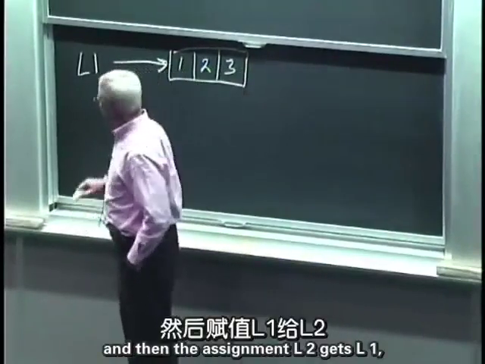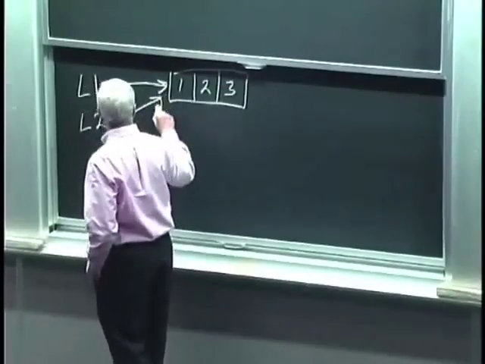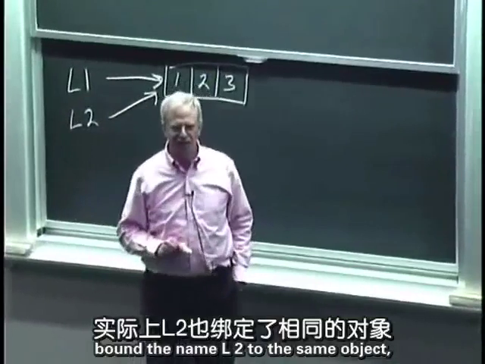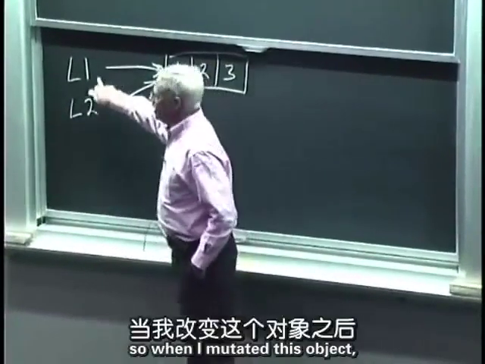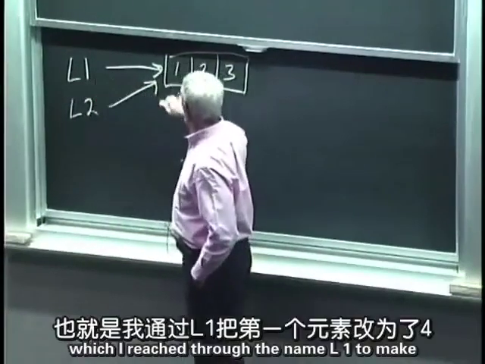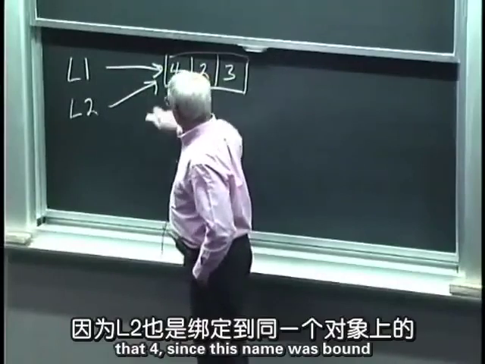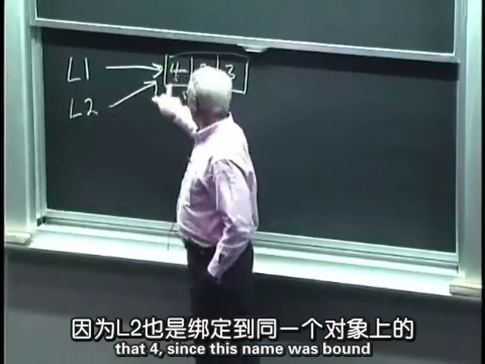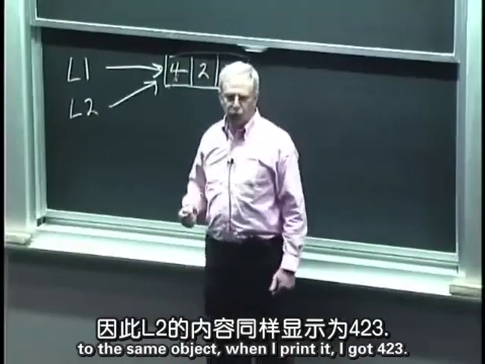And then the assignment, L2 gets L1, bound the name L2 to the same object. So when I mutated this object, which I reached through the name L1, to make that 4, since this name was bound to the same object, when I print it, I got 4, 2, 3.